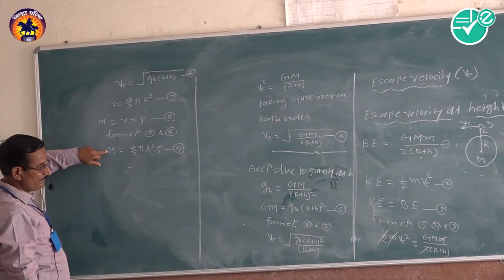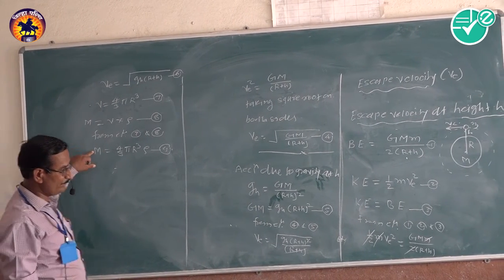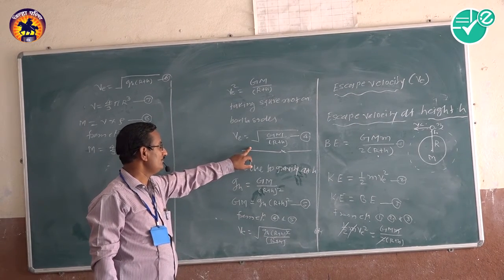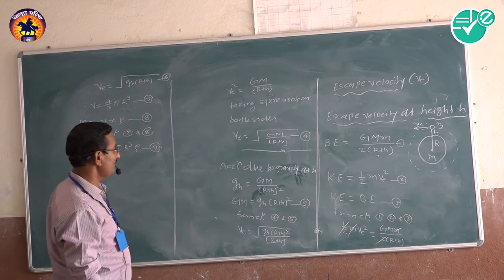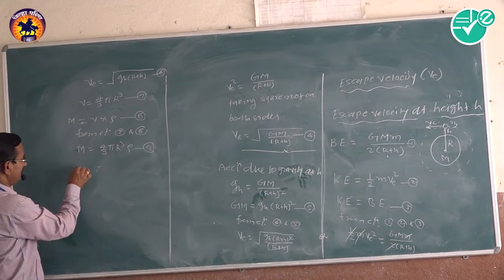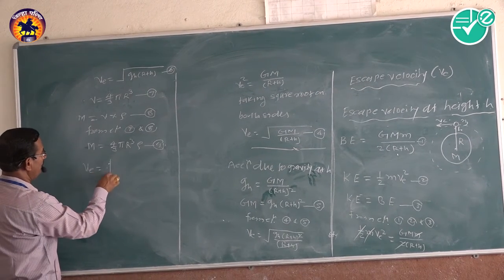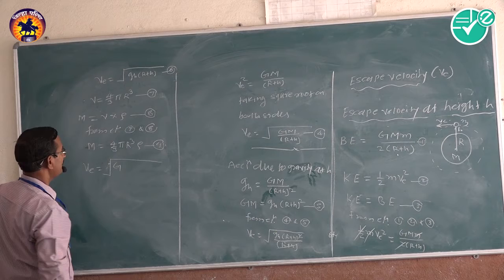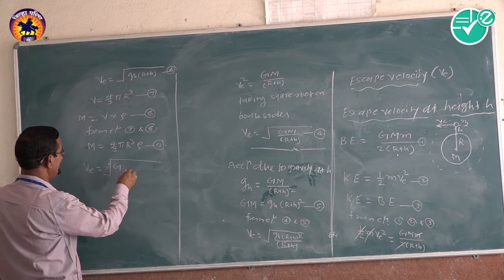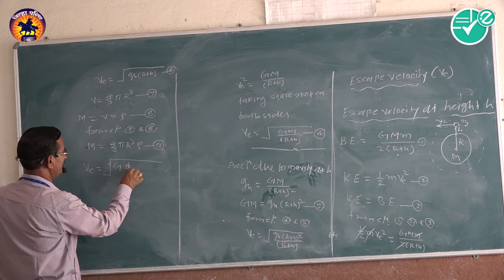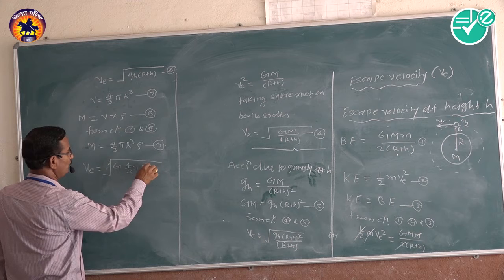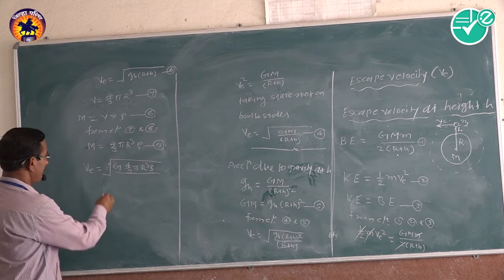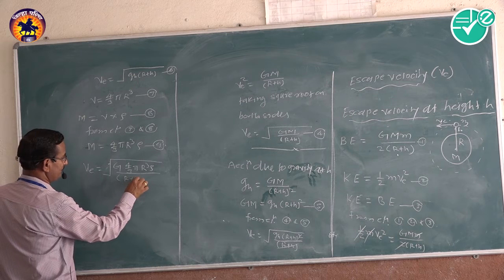Then this mass of the Earth is put in the equation, that is V is equal to under root G M upon (R plus h), that is V is equal to under root G into 4 by 3 pi r cube rho upon (R plus h).